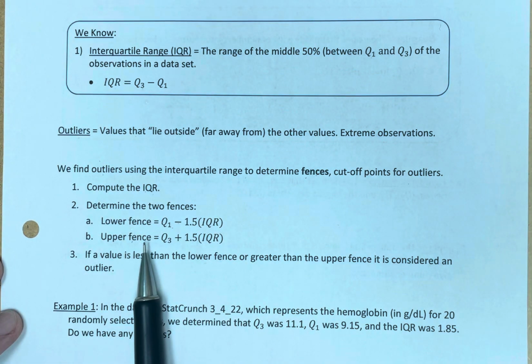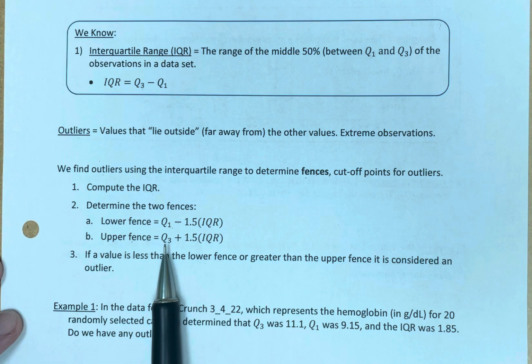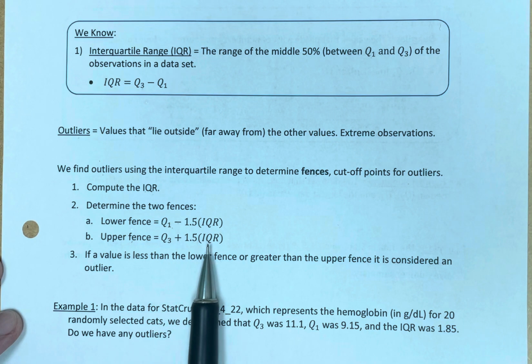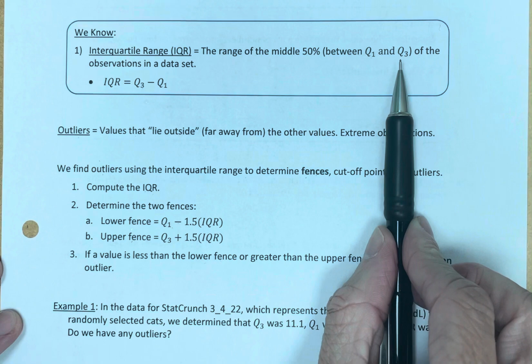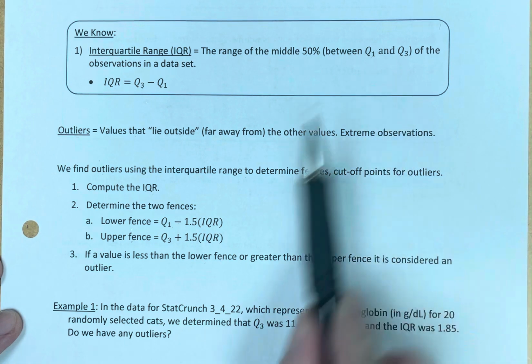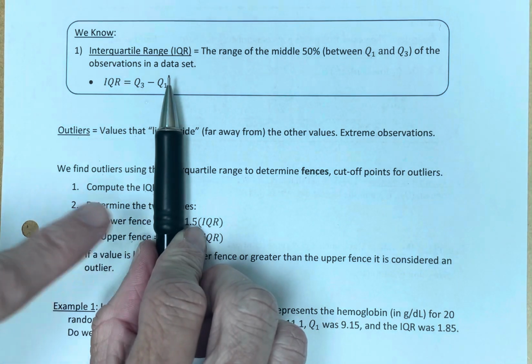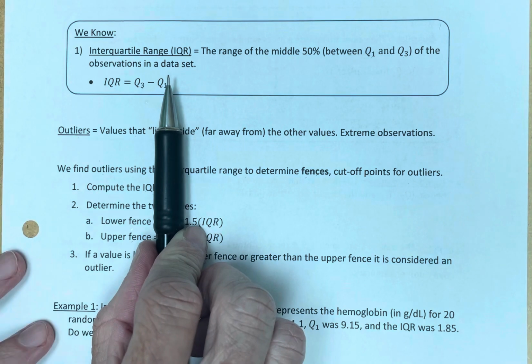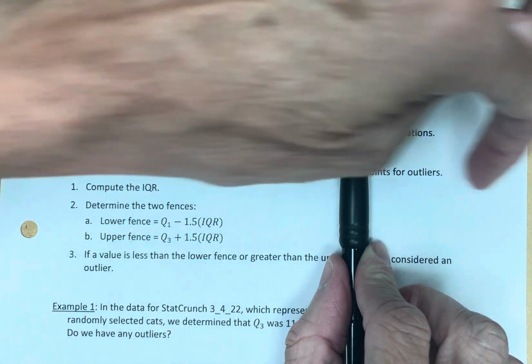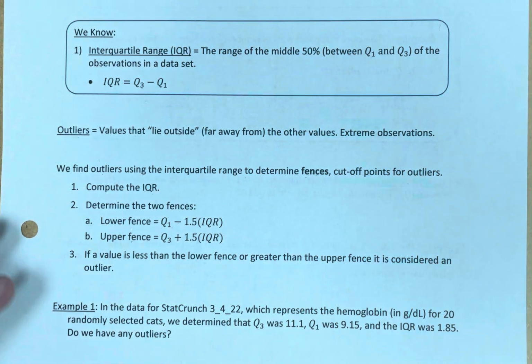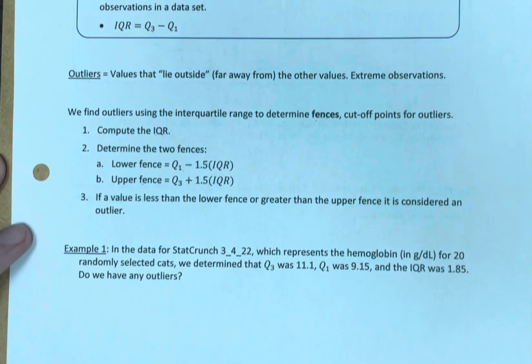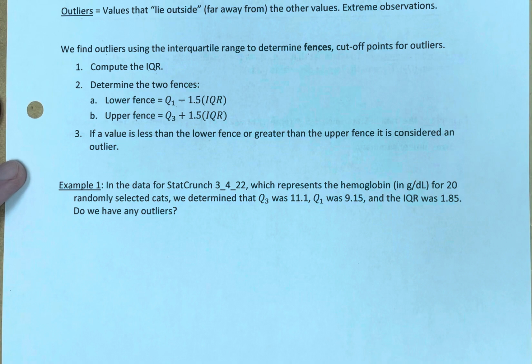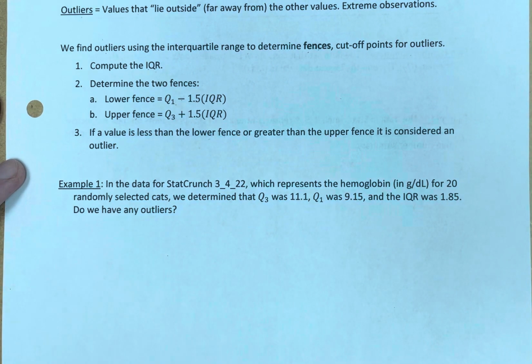For the upper fence, we'll do a similar thing: we'll take quartile 3's value and add 1.5 times the IQR, and that will mark our upper fence. If a value is less than the lower fence, we call it an outlier. If the value is greater than the upper fence, we call that an outlier. So two possibilities.